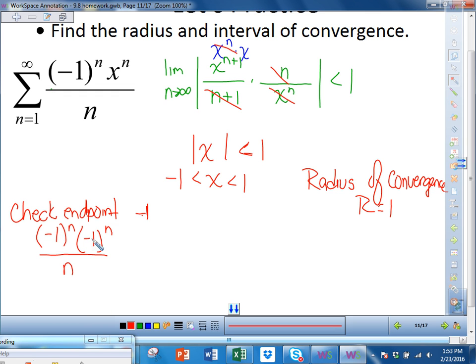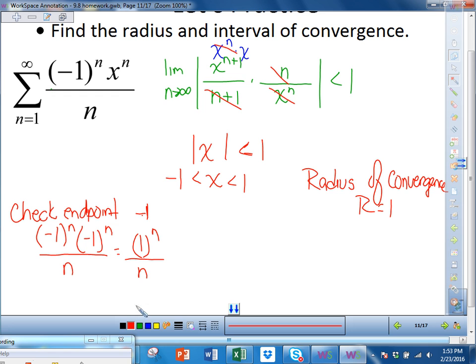Well, what's negative 1 to the nth over negative 1 to the nth? When I'm multiplying something with the same exponent, I can multiply the bases and leave the exponents alone. All right, does everybody understand that?